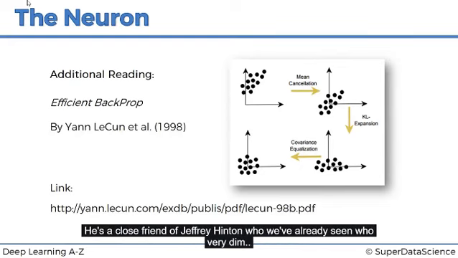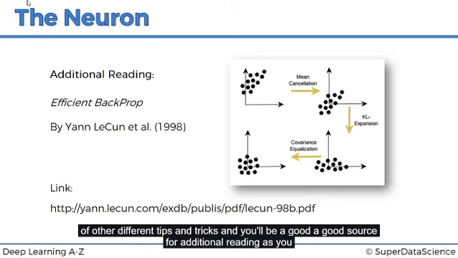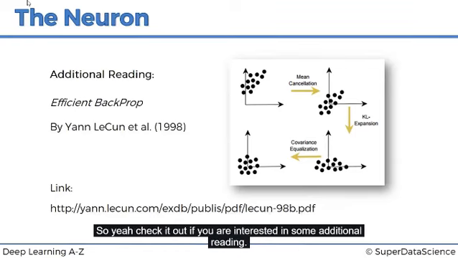He's a close friend of Geoffrey Hinton, who we've already mentioned. In this paper, you'll learn more about standardization and normalization, but also pick up lots of other tips and tricks, and it'll be a good source for additional reading as you go through this course. So check it out if you're interested.